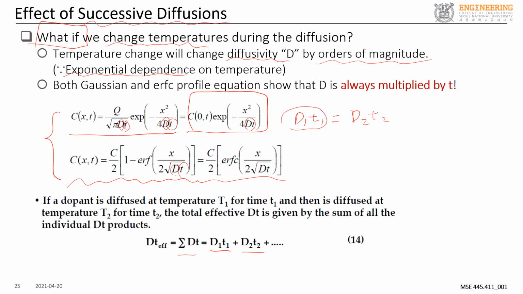You can just replace D1 t1 with D2 t2 at a different temperature and you will get the same profile anyway, because everything else is the same. The only different thing is Dt. So you can treat Dt as an effective value and sum them up, and that gives you one Dt effective value for your final profile.